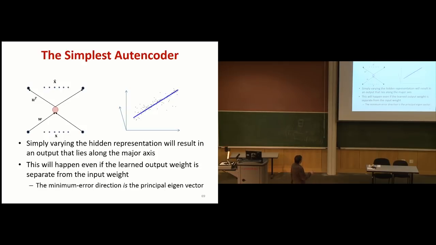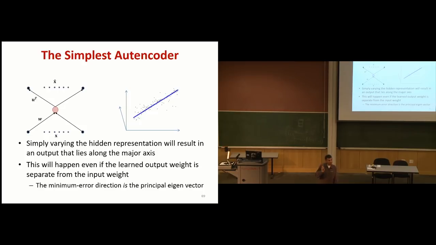But even if I separated these two, if I call this U and this W, and the two are separate, you're still going to learn to reconstruct outputs which only fall on a single line, which is some scaling of this vector U. And more to the point, you're always going to find the principal direction, the direction of maximum energy in the inputs. And the outputs that you get, regardless of the input, are always going to fall on this line. Does that make sense to everybody?